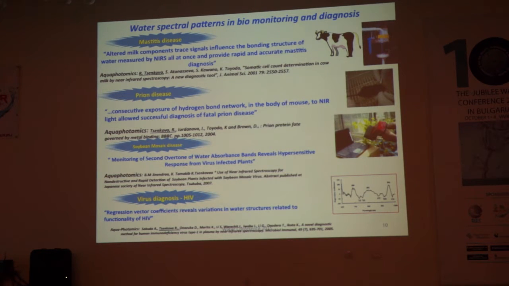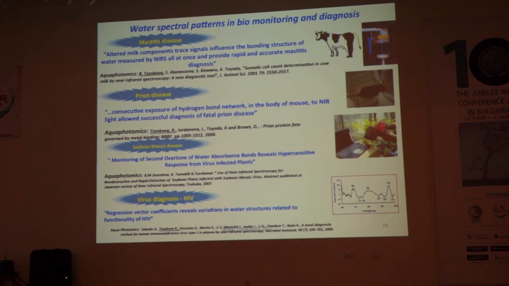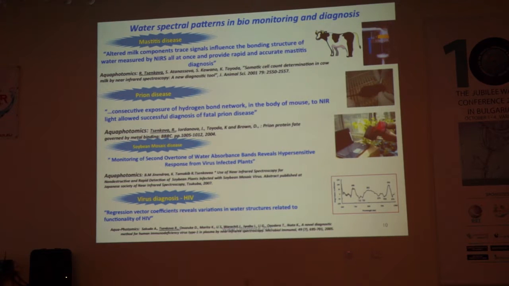So there is a lot to understand in the future about what actually is causing the disease. And HIV diagnosis, we can do this on plasma, on serum. And this is the spectral pattern, the specific spectral pattern that relates to oxidative stress, as Luc mentioned.